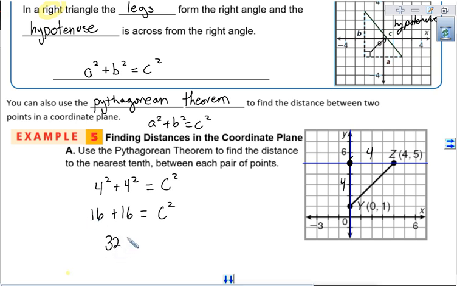And 32 equals c squared. And then what's the opposite of squaring something? Taking the square root. So now we're going to take the square root of 32.